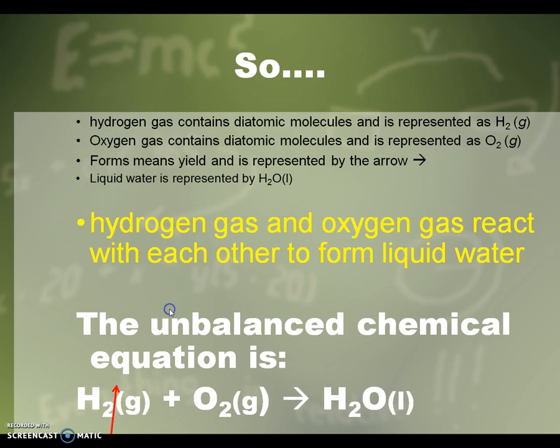So the unbalanced equation is H2, hydrogen, G is gas, the and is a plus sign, the oxygen is O2, gas is G, forms is the arrow, and liquid is the L, and W is the water. We also have react with, which can be the plus sign as well.